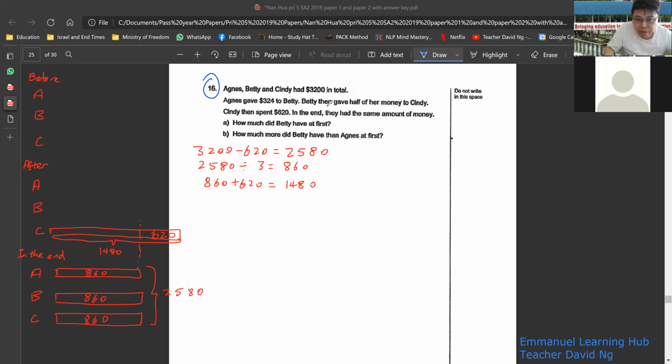Betty gave half of her amount to Cindy. So this is 1 unit from Betty, and Betty has another 1 unit here.